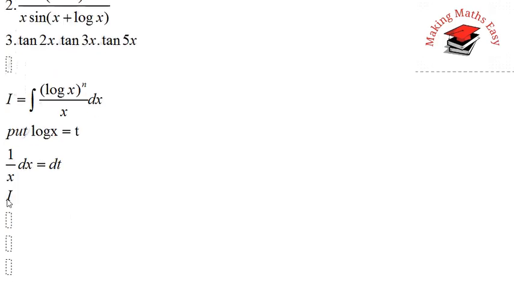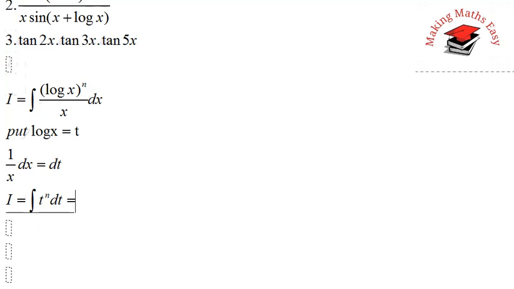So my capital I will be equal to the integral of t raised to n, because log x is raised to n, where n is a constant, and 1 upon x dx equals dt. As we know, the integration of x raised to n is x raised to n plus 1 divided by n plus 1.